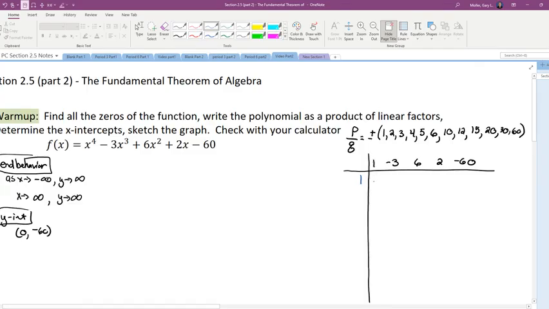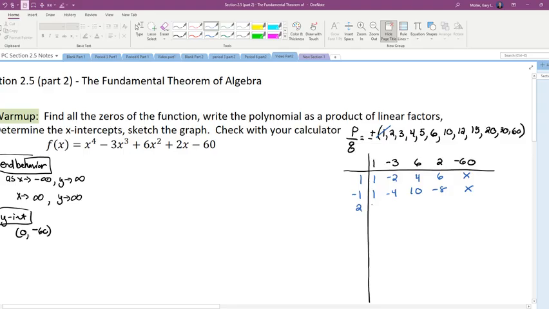Let's start with 1. Okay, here we go. -2, 4, 6 clearly doesn't work. -1, bring down the 1. -4, 10, -10 makes -8. Clearly doesn't work. So the 1s are out.